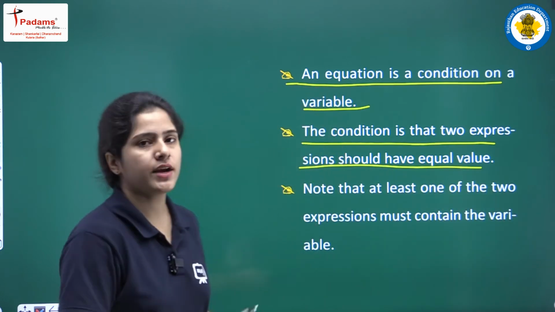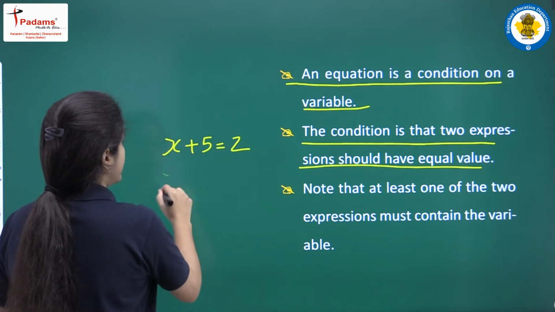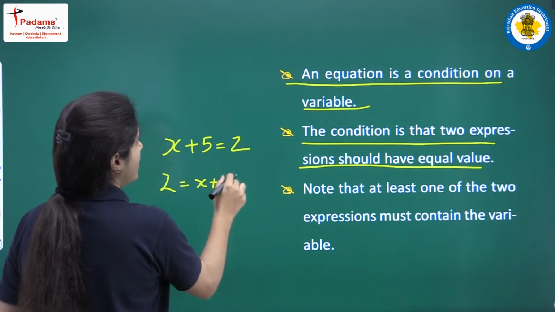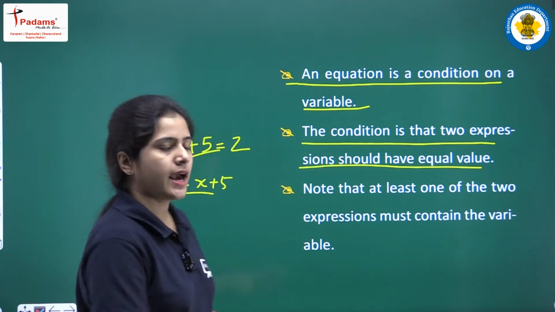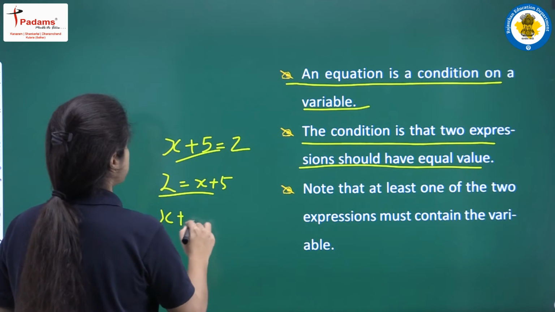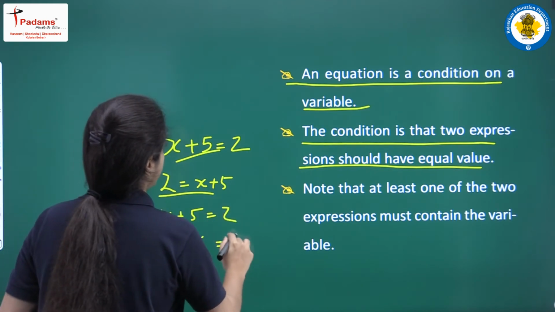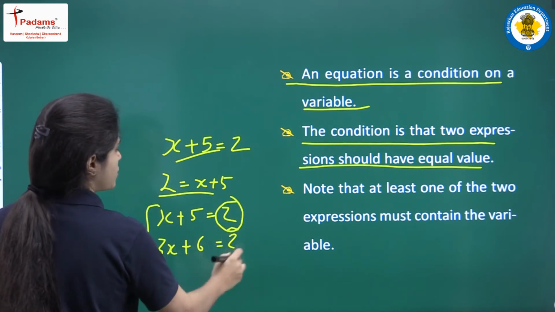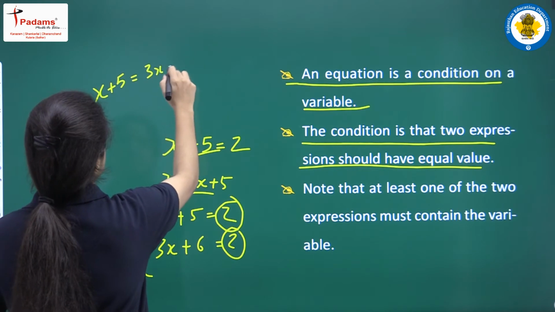Alright, students, for example, x plus 5 is equal to 2, then 2 is equal to x plus 5. So basically the condition is that two expressions should be equal. Okay, and we can also do it like this: if x plus 5 is equal to 2 and 3x plus 6 is equal to 2, then these two are the same, so we can write that x plus 5 is equal to 3x plus 6.